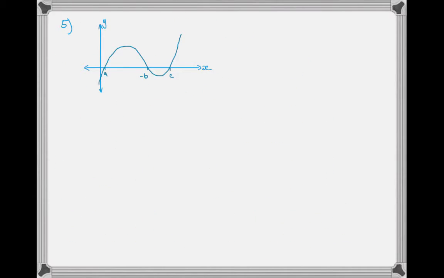Another level of complication, though, occurs when some of these x-intercepts are stated as being negative numbers. Here's what you need to do to make sure that you get these ones right. I encourage you to state clearly what the x-intercepts are. So we know that the x-intercepts are a, negative b, and c, and they're read straight off the graph.